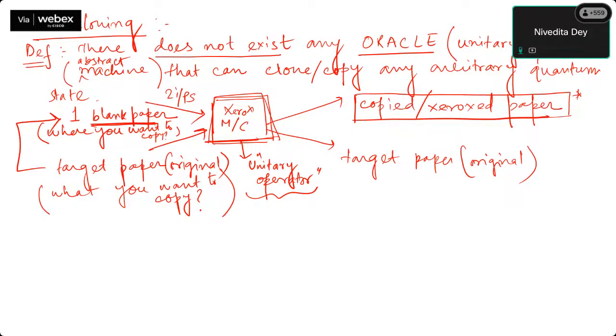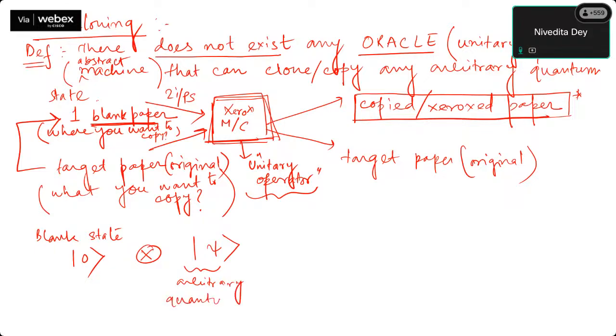Now if we come to the mathematical derivation, say there is a blank state. Here we want to copy not a paper, rather a quantum state. So consider a blank state initialized with ket 0, and there is an original one which we want to copy, say the arbitrary quantum state ket psi.